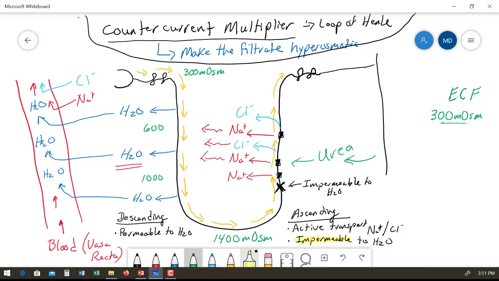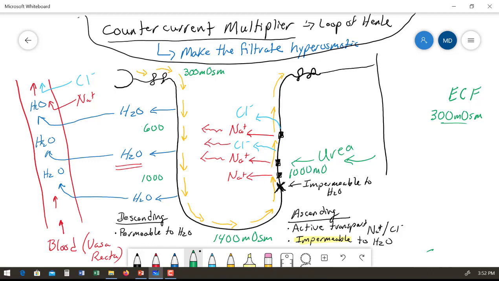Now, one other thing I didn't draw on here, you get the same numbers on this ascending limb over here in terms of milliosmoles. So for instance, down here at the base, notice that our filtrate is at about 1400 milliosmoles, right? As the filtrate moves up through the ascending limb, it's going to become less osmotic.